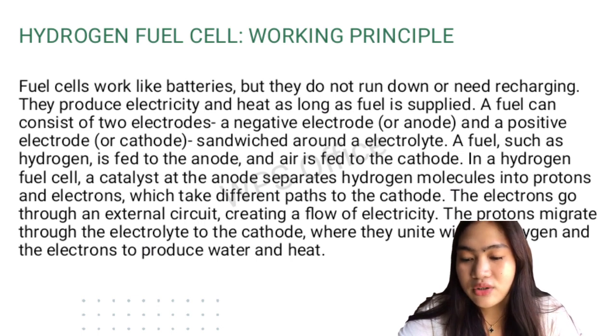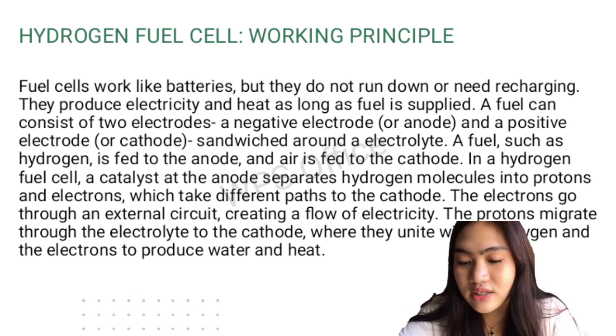A fuel cell consists of two electrodes, a negative electrode or anode, and a positive electrode or cathode, sandwiched around an electrolyte. A fuel, such as hydrogen, is fed to the anode and air is fed to the cathode.